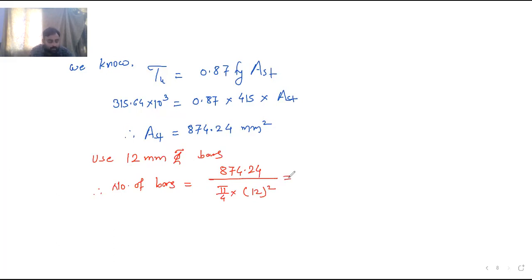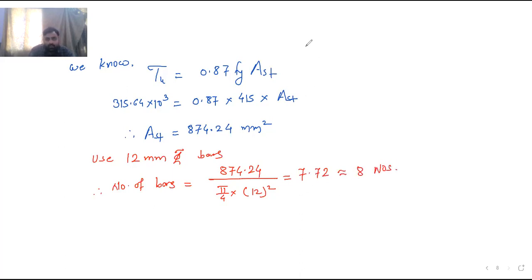It will be 7.72, which is rounded up to 8 numbers.